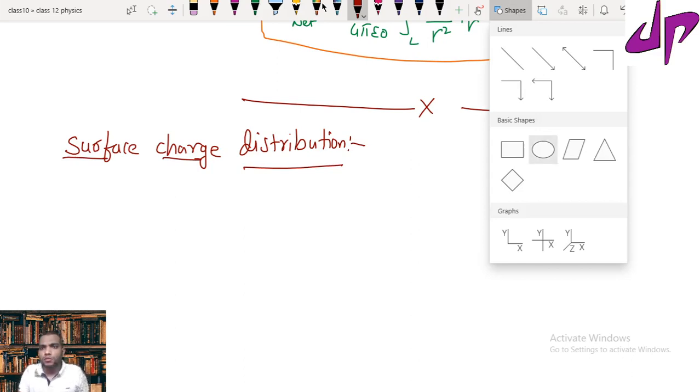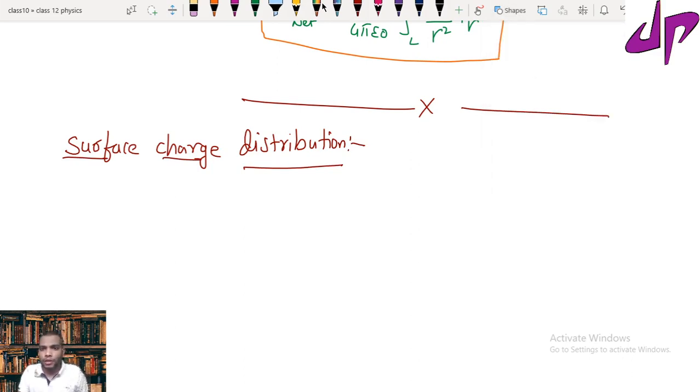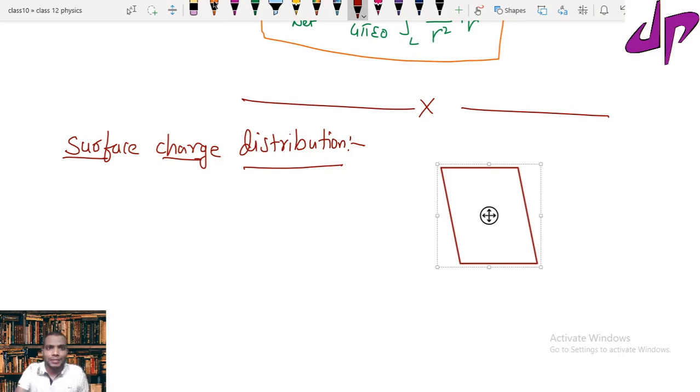Suppose I have a two-dimensional object, a two-dimensional charged object. Now if I take it as positive charge, it means it is a positively charged object. Two dimensions, positively charged object. So everywhere positive charges exist.